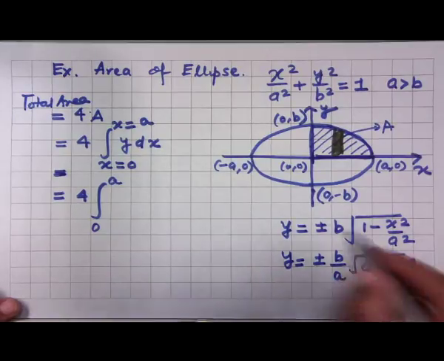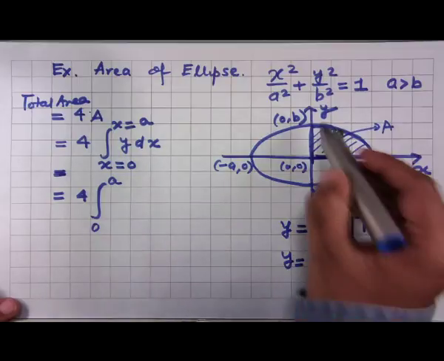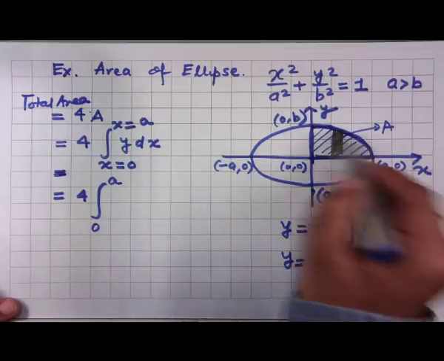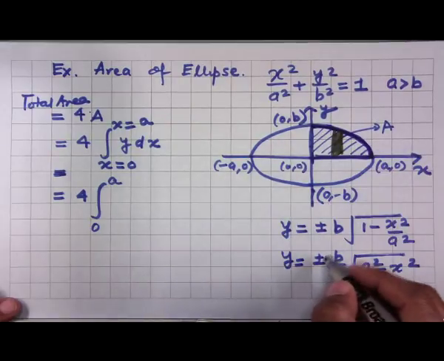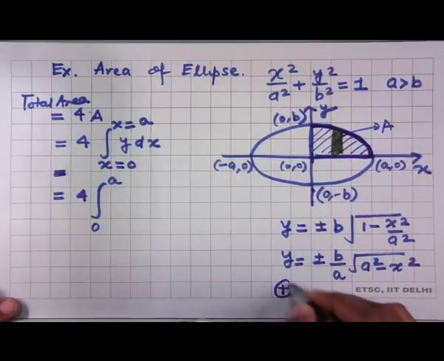So for each value of x you are getting 2 values of y, but since you are using the portion of the ellipse which is lying above x axis, you will be taking positive sign.